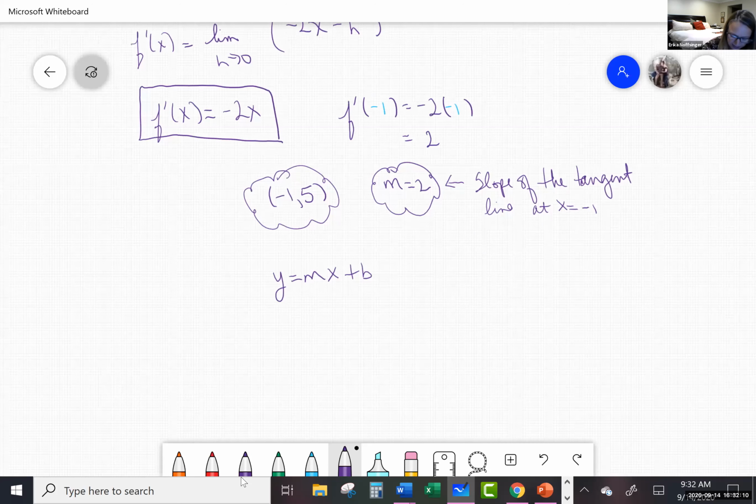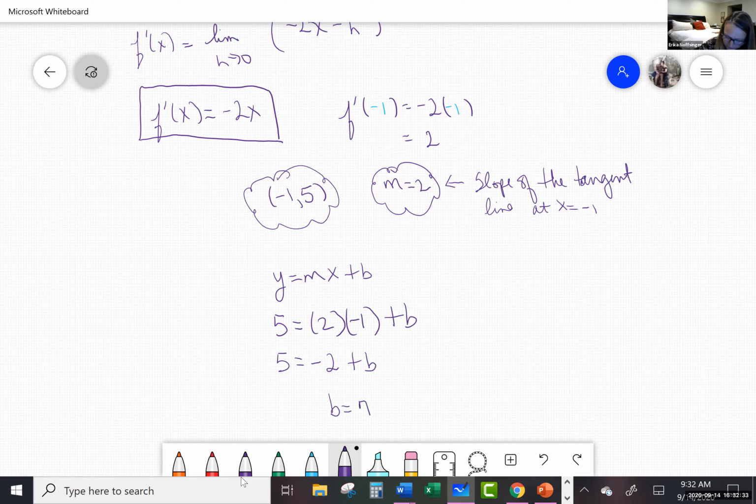So our y value 5 is equal to our slope we found to be 2 times x, which is -1, plus b. So 5 is equal to -2 plus b. So if I add 2 to both sides to get b by itself, b is equal to 7. So y is equal to our slope, 2, times x plus our b value, which is 7.